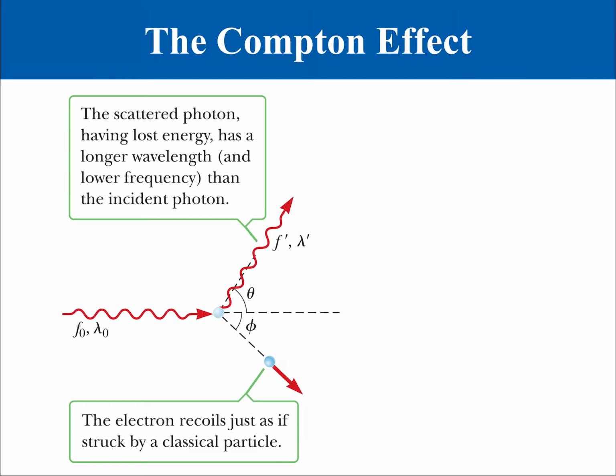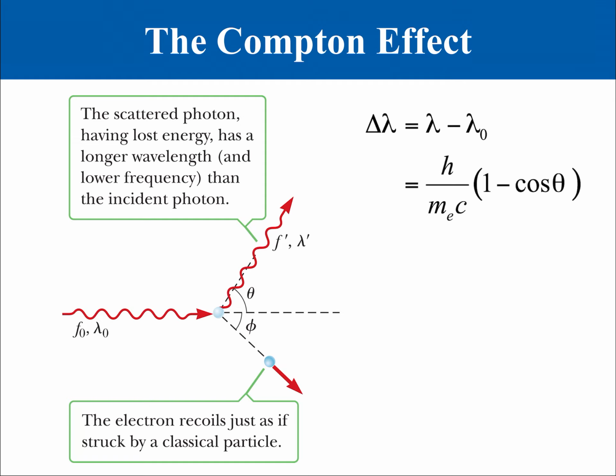Okay, so if the incident photon collides with an electron initially at rest, then the photon transfers some of its energy and momentum to the electron. So the energy and frequency of the scattered photon are lower, and its wavelength increases, because the only way photons can manifest a change in energy is to have a change in wavelength. Applying relativistic energy and momentum conservation to the collision, the shift in wavelength of the scattered photon is given by the equation.